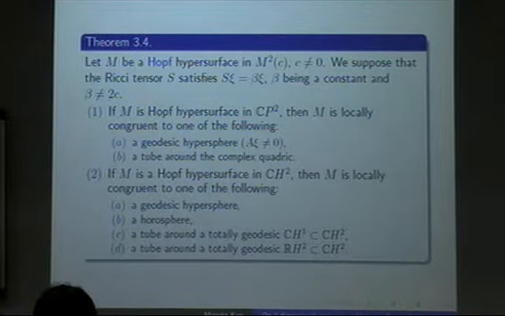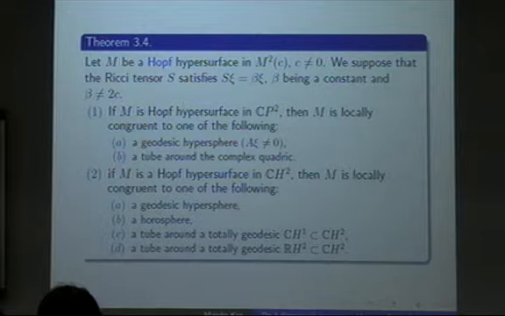Using our main theorem, we have some classification theorems. Suppose M is a Hopf hypersurface, and this beta is constant. Then we can classify hypersurfaces which satisfy S xi is equal to beta xi. When M is Hopf in complex projective space, then it is locally congruent to a geodesic hypersphere or a tube around the complex quadric.